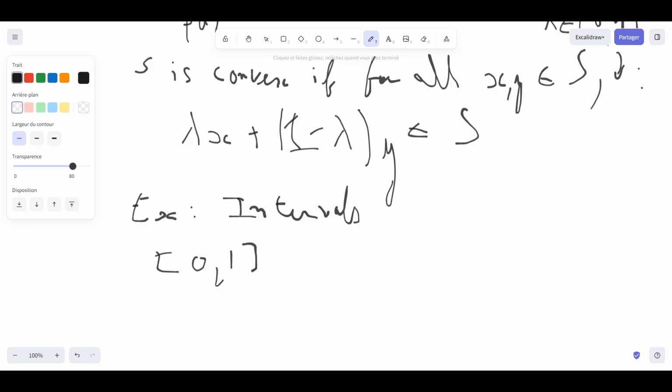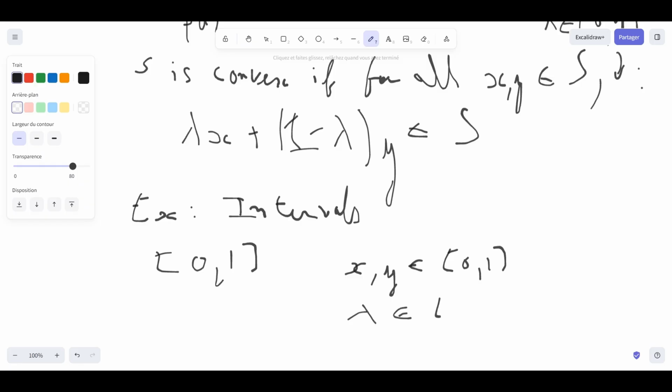and x and y being in the set, so x and y being in [0, 1] in this case, and lambda is in [0, 1] by definition.